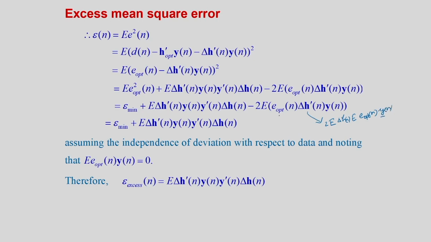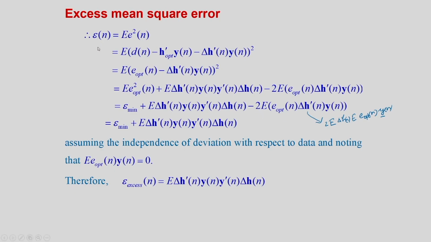We can write like this because of the independence assumption: this is the deviation and this deviation is independent of data. Therefore, we separate out the expectations. Now, this part, error, is orthogonal to data. Now, this expression will become 0.